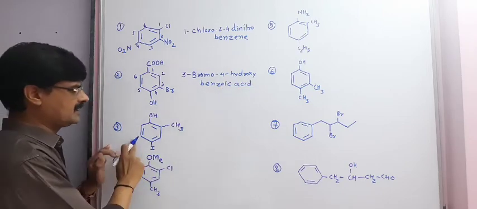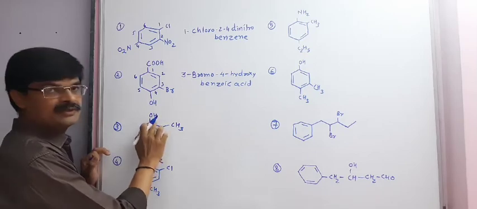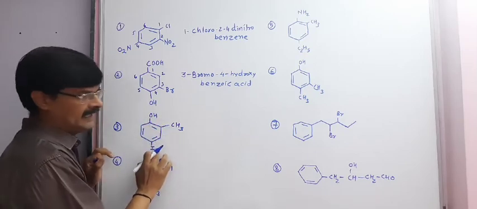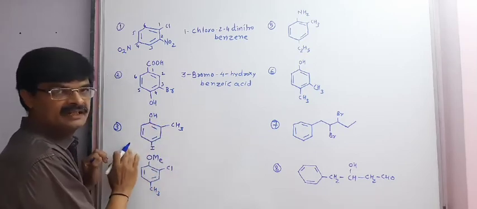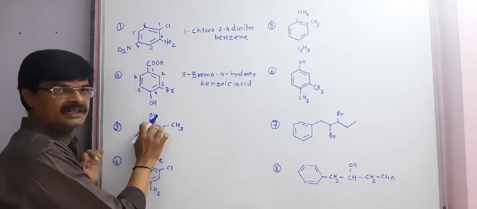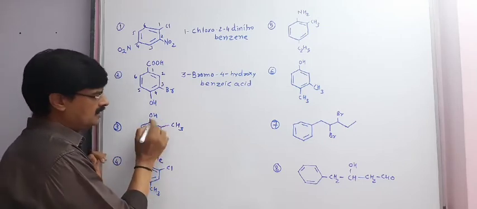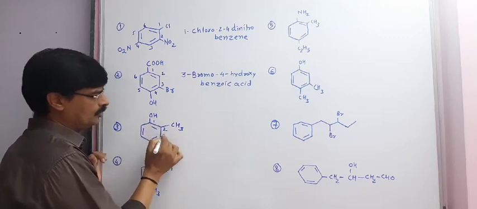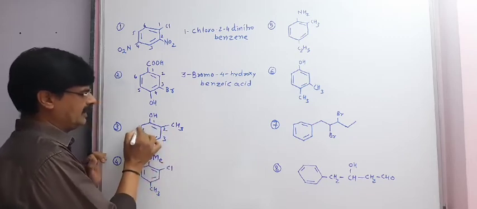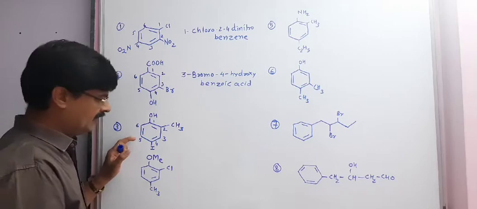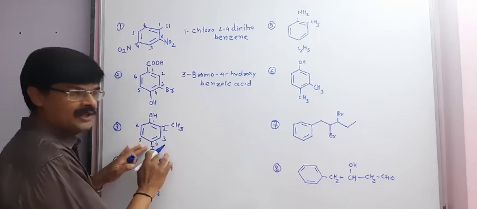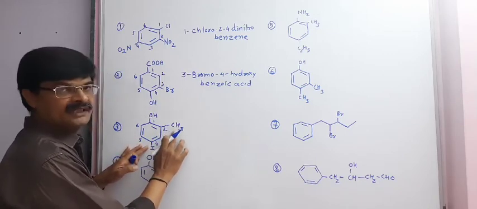Now, the next compound, we have an OH functional group, CH3 and iodine on the benzene ring. But because of the priority of OH, the first number will come here. So 2, 3, 4, 5 and 6 will be numbered in this way. Now on 4 we have an iodine group, on 2 we have a methyl group.